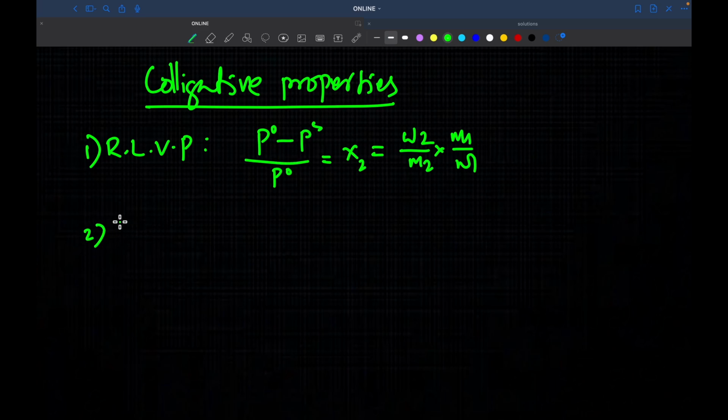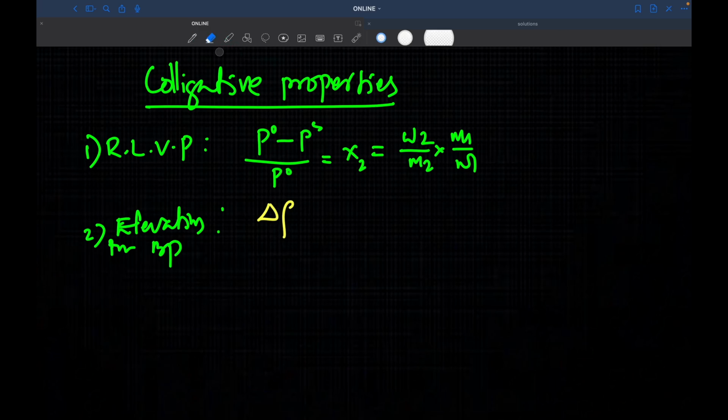Second one is elevation in boiling point. In elevation in boiling point, what is the formula? Delta Tb equals Kb into W2 by M2 into 1000 by W1.